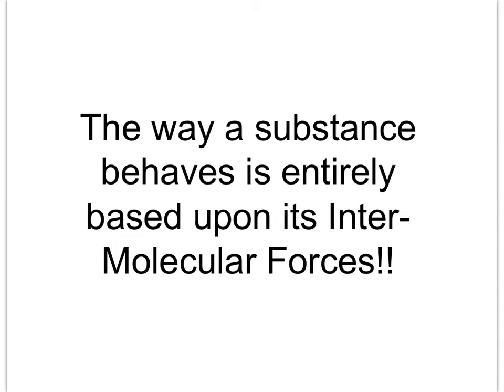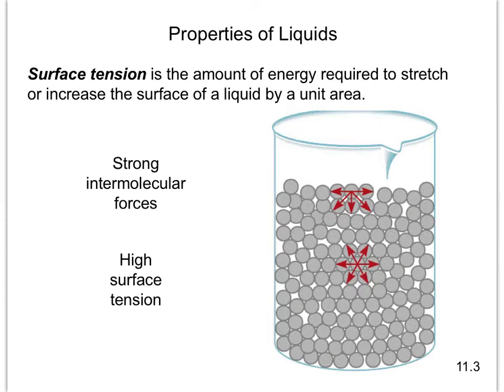So the way a substance behaves is entirely dependent upon its intermolecular forces. Entirely dependent. This is huge for chemistry. Huge. So these are some things, I'm just going to go through them real quick because we looked at these ideas already in last year and the year before and the year before.